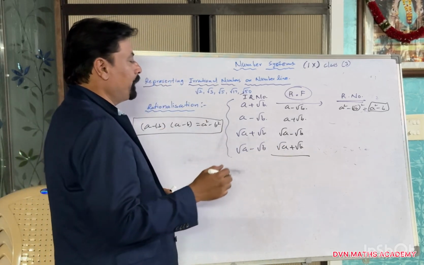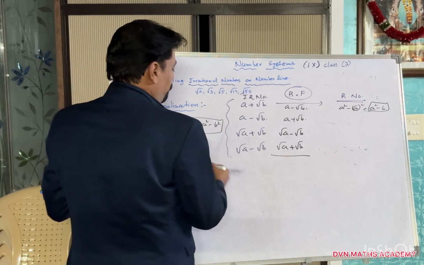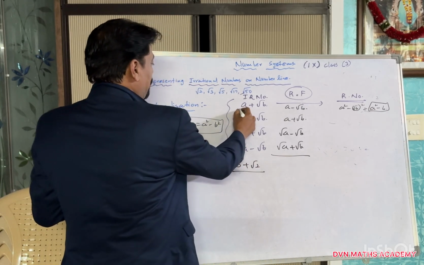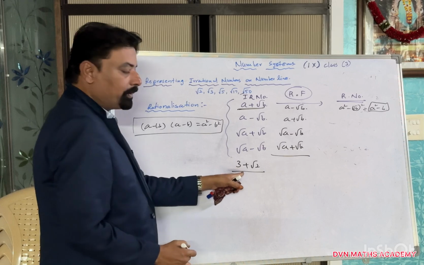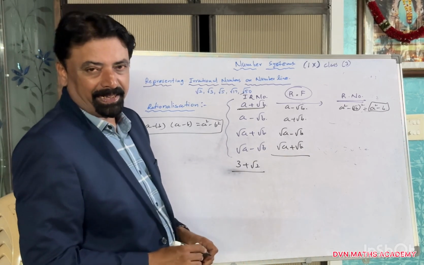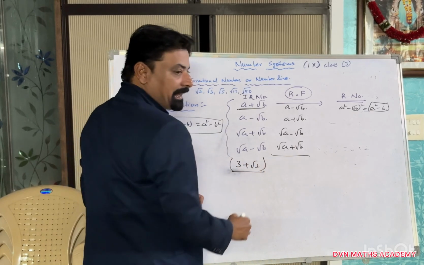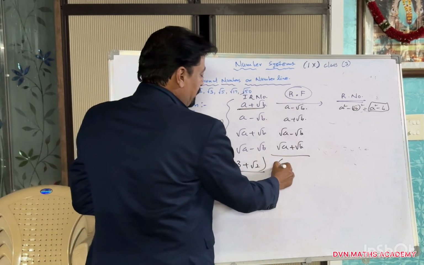Here is one important example: 3 plus root 2. This is in the form of a plus root b, and you know that 3 plus root 2 is an irrational number. Then what is its rationalizing factor?